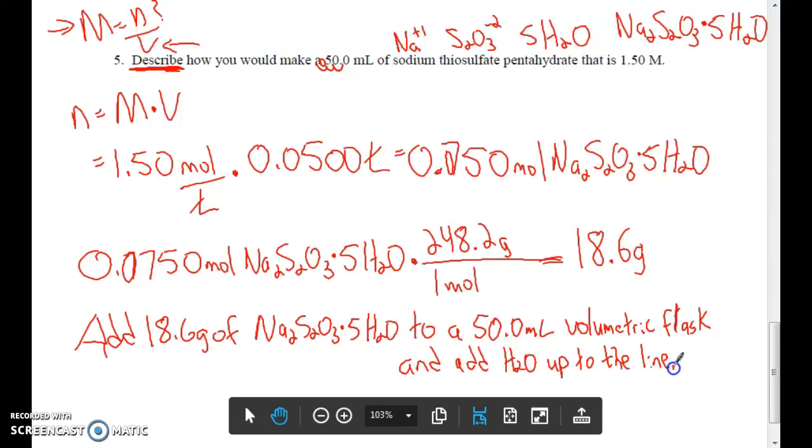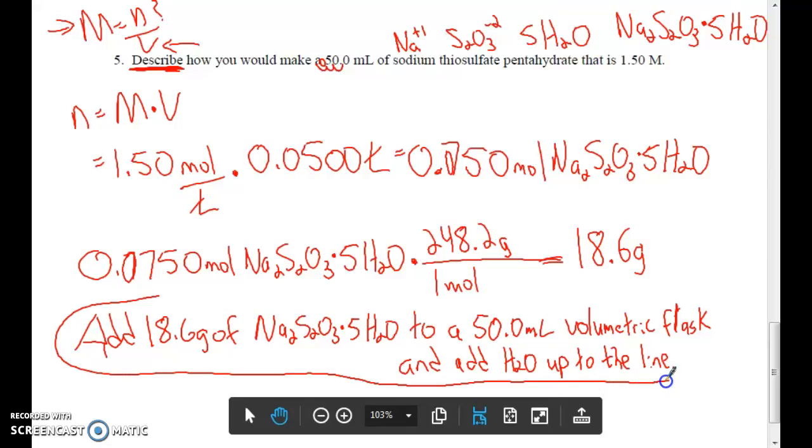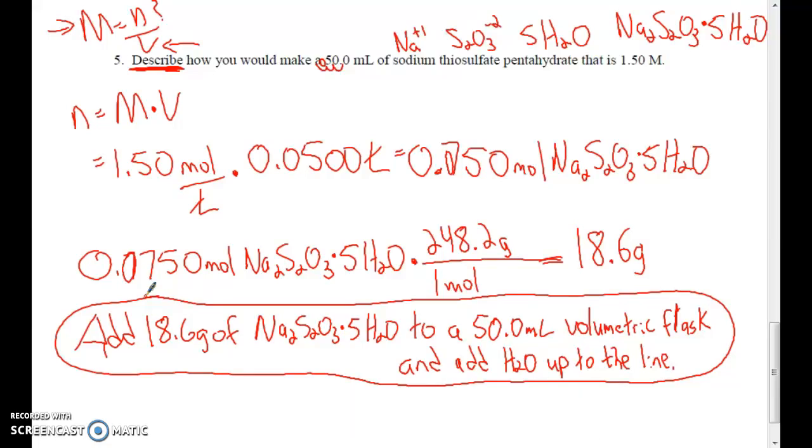The volumetric flasks have lines on them that designate where exactly that volume would be. So a 50 milliliter volumetric flask has a line exactly where 50 milliliters would be. So you want to put the solid in first, and then add the water up to the line.